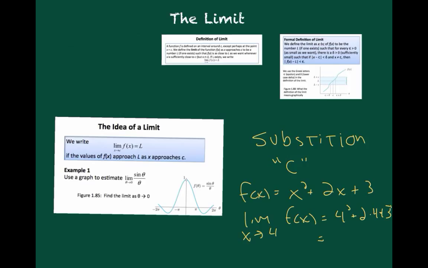So you would get 16 plus 8 plus 3, which is 27. And that's the way you'll normally find limits, just by substitution. Now we will develop some other techniques that we'll use when some of the problems are a little more troublesome. But let's not get into that now. Let's talk about this definition of a limit then.